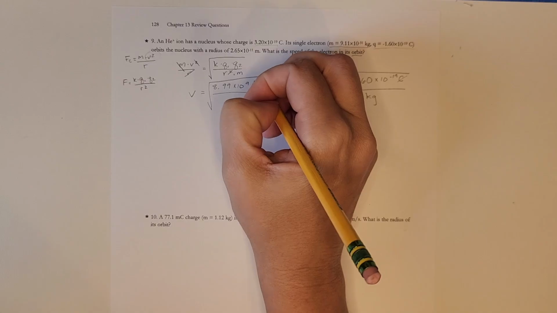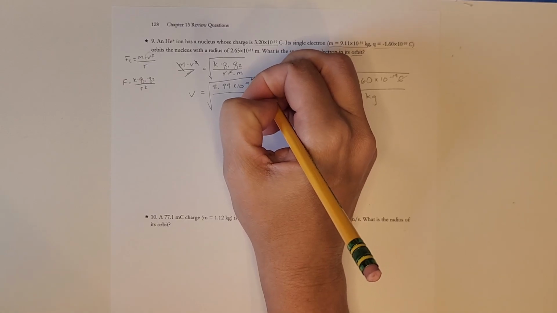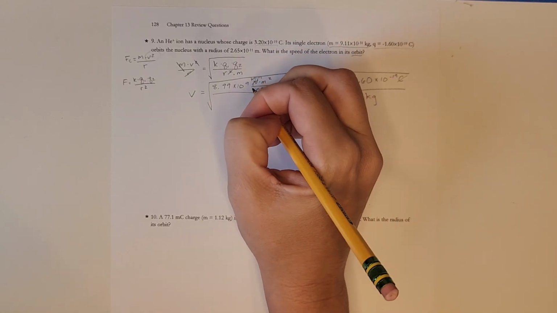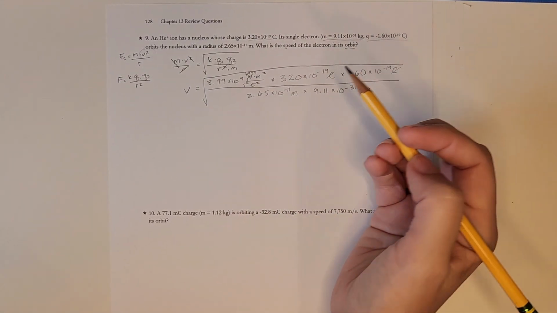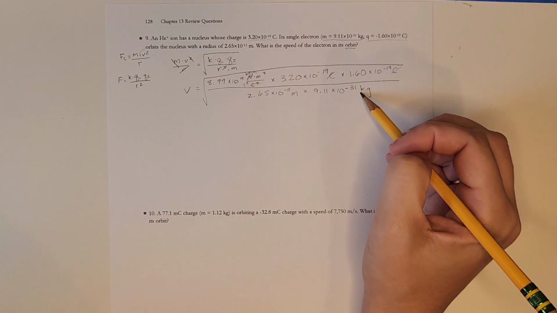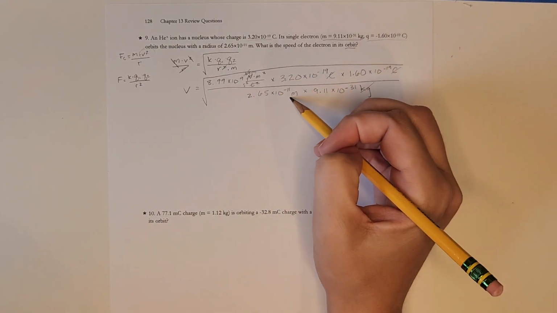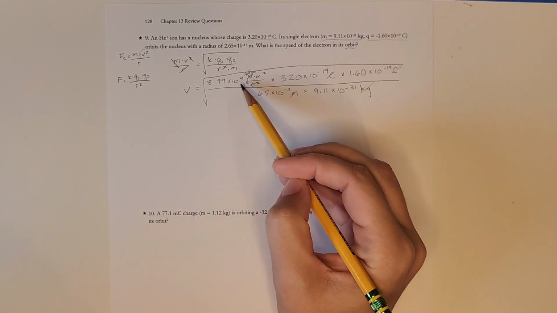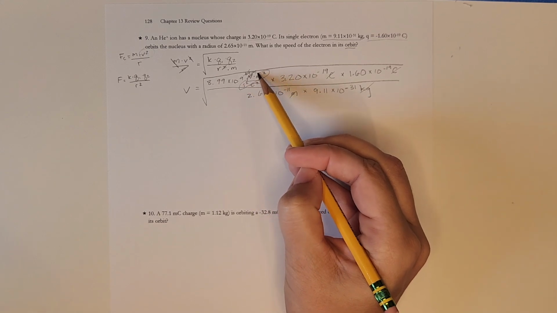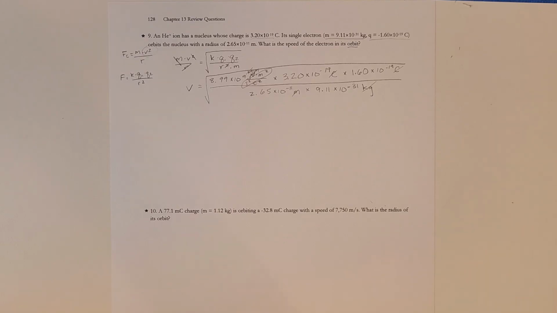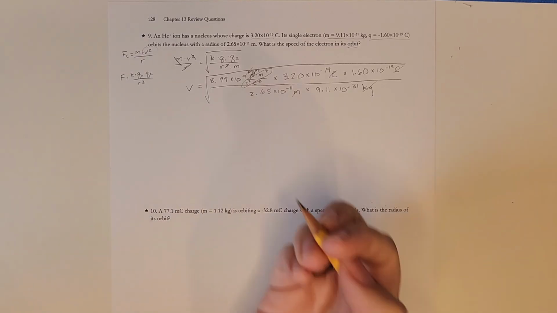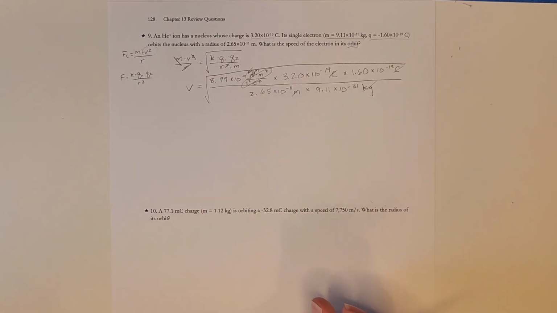For newtons, we have kilograms times meters per second squared, right? So this kilograms is going to cancel, and this meters will cancel, and so we do end up with the units that we're wanting. It's always a good idea to check and make sure you have the units that you're going to need at the end.